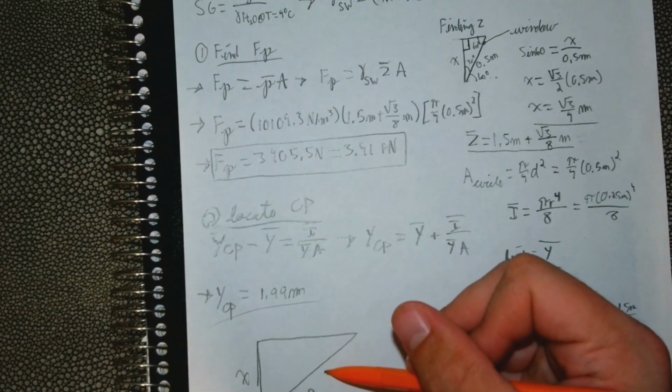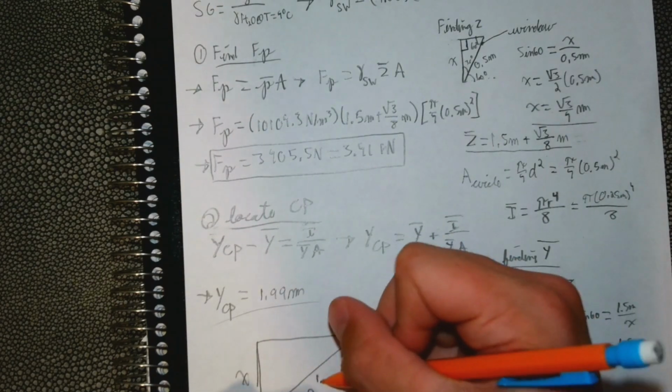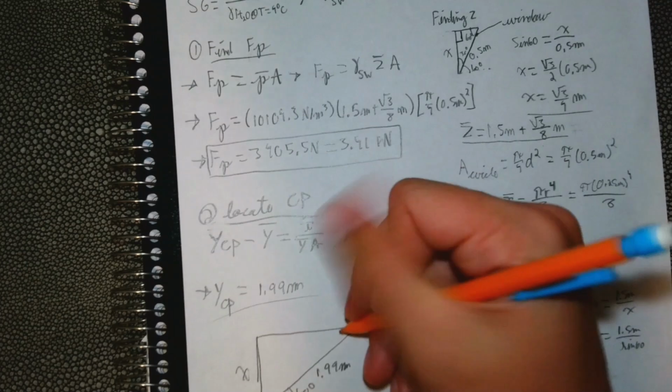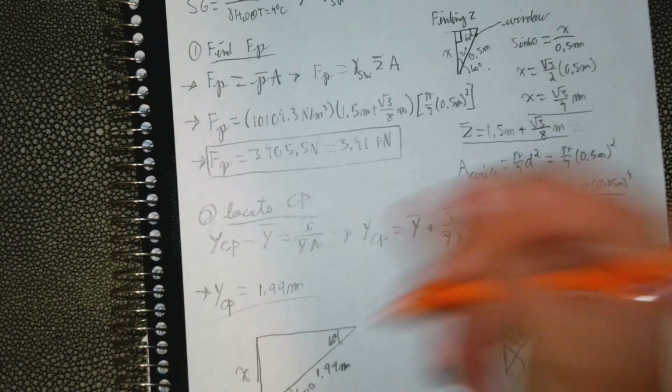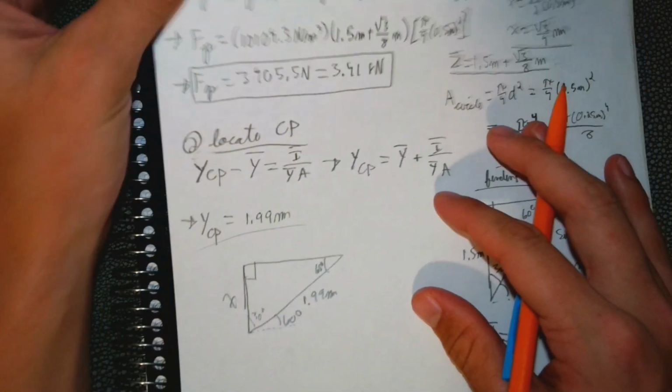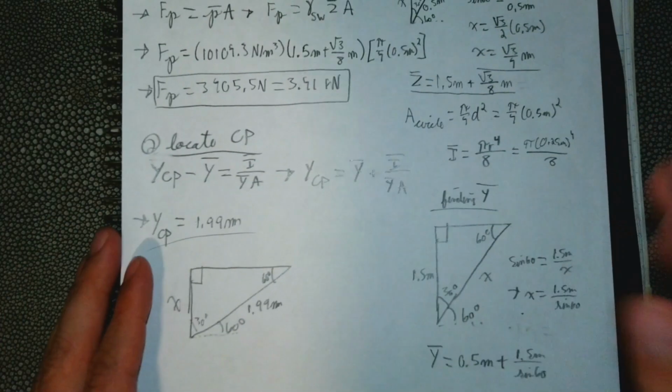We have our slant, which is 1.99 meters. So we know this is 60, this is 30, right? Sorry guys, it's probably not the best.